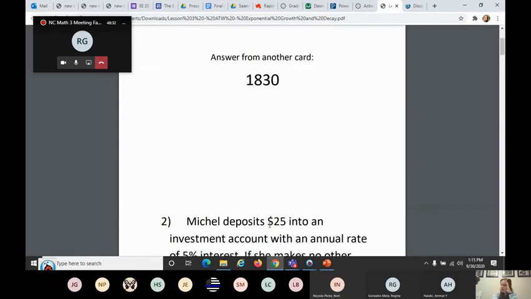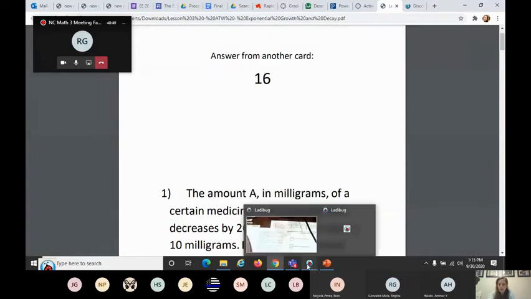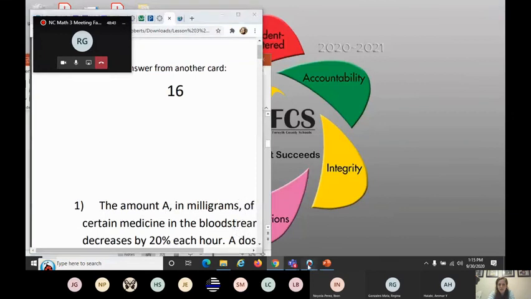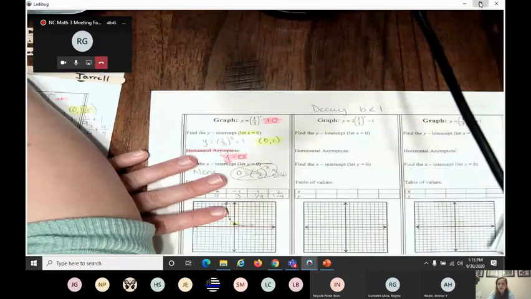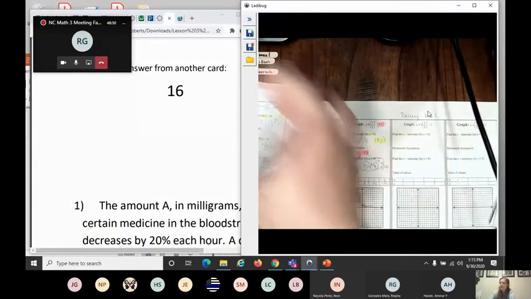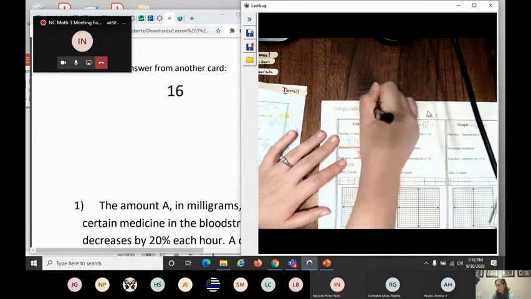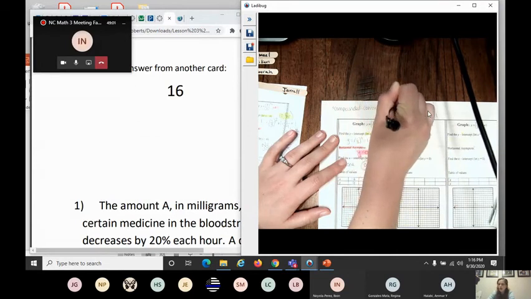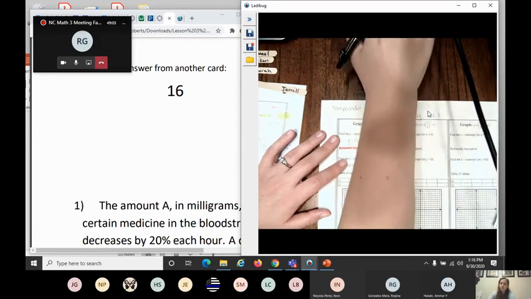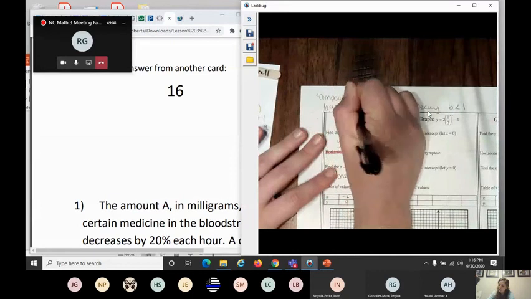There are 2 things that I have not mentioned yet that I do need to mention. Let me switch back to my document camera. If you have something that says compounded continuously, our base is going to be e.